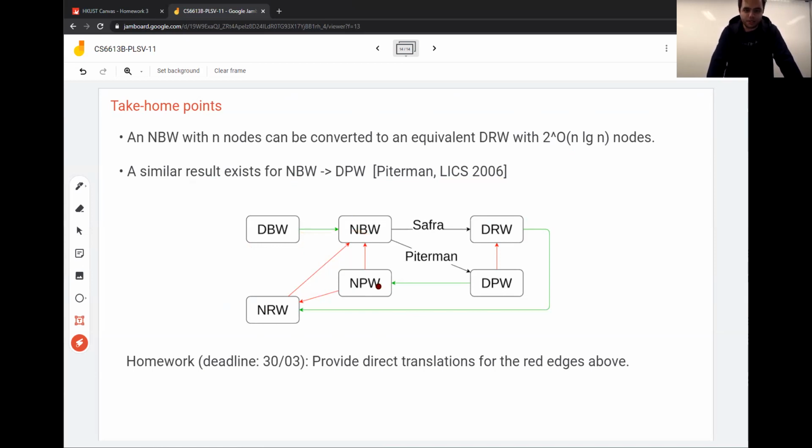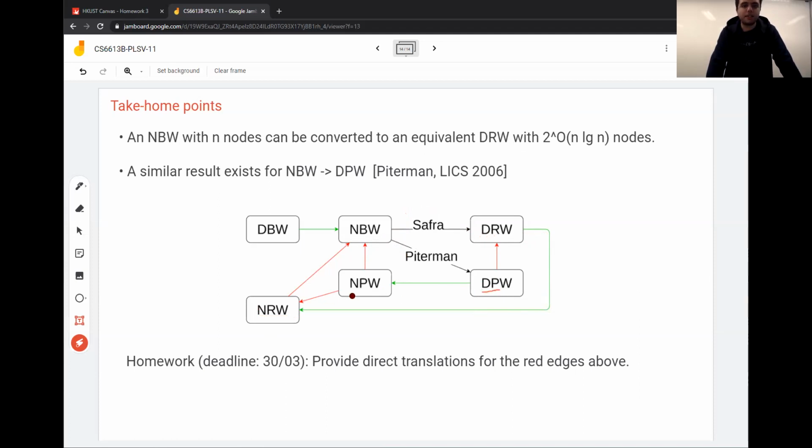Deterministic is a special case of non-deterministic. What we saw here today was the reduction of Safra from non-deterministic Büchi to deterministic Rabin. There is also the reduction of Piterman from non-deterministic Büchi to deterministic parity. And there are a bunch of trivial reductions from deterministic to non-deterministic of the same type.